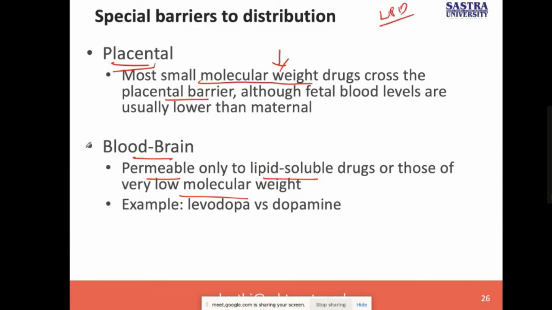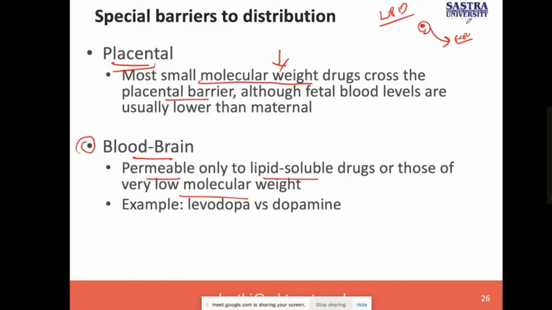The blood brain barrier is related to lipid. The placental barrier is not related to lipid. We are not talking about lipids. The general point is that any small molecule, small meaning very small, can cross this placental barrier. This means that if the mother takes any drug molecule which is very small in size, the drug molecule will reach the fetus, the baby.